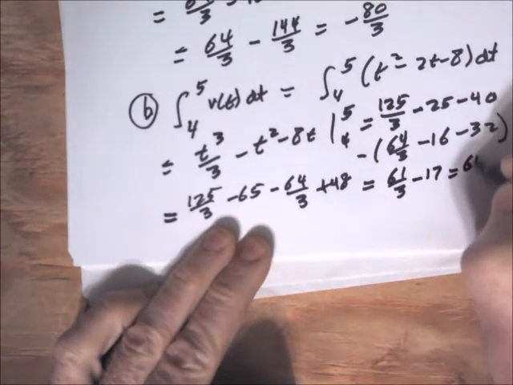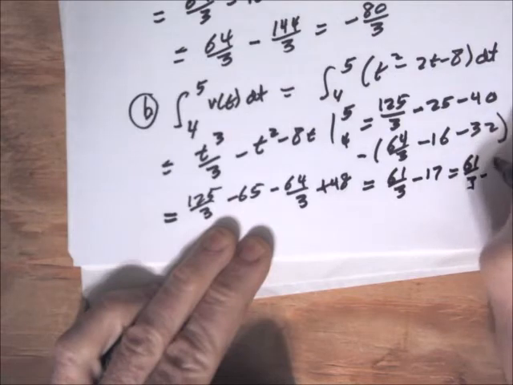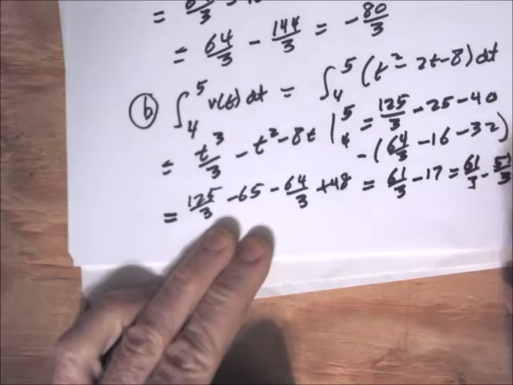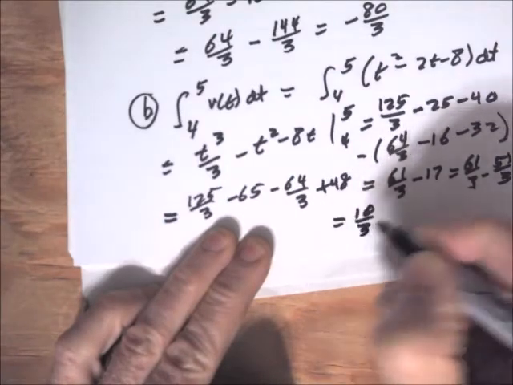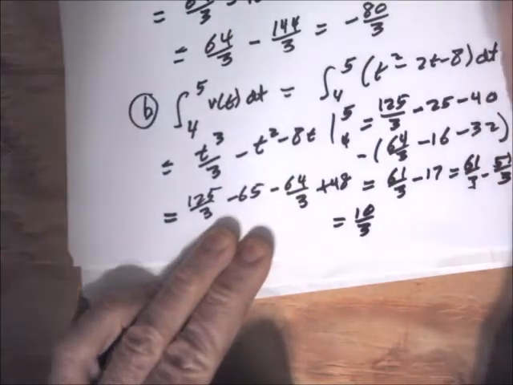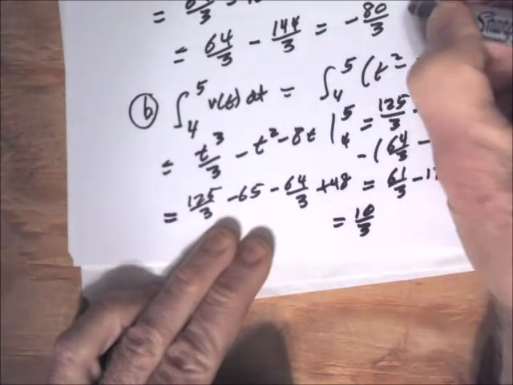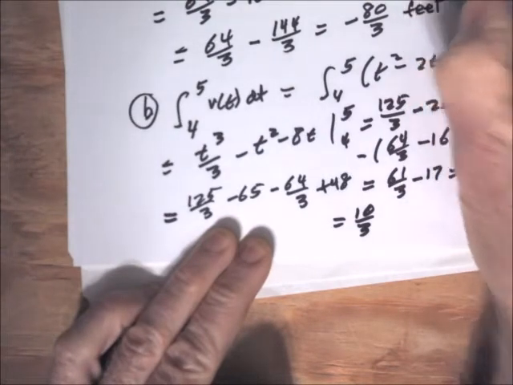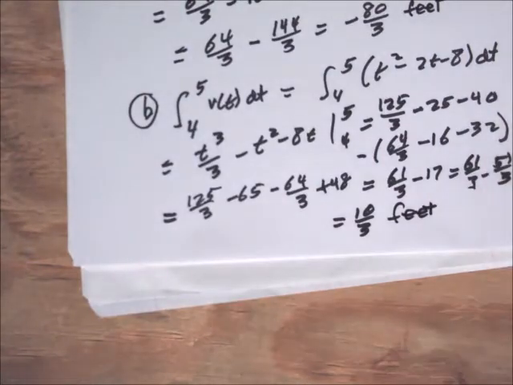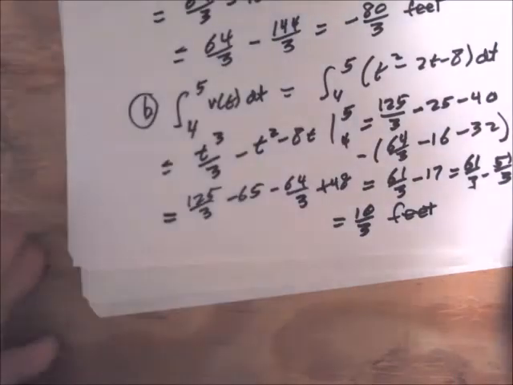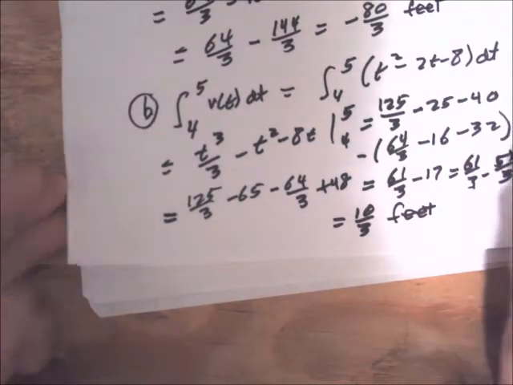So it's 61 over 3 minus 51 over 3. And that's going to equal 10 over 3. These measures are in feet. Okay, so that's from 4 to 5. The net displacement is 10 over 3 in the positive direction.